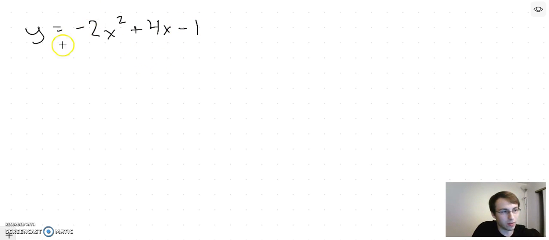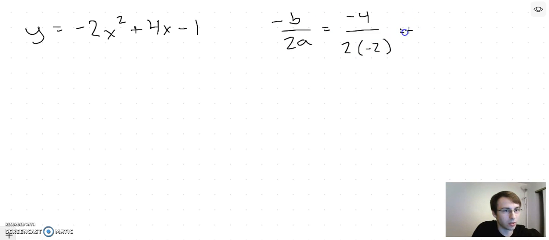That would be downward facing because there's a negative 2 here. Let's go through the steps. We find that negative b over 2a is negative 4 over 2 times negative 2, which is negative 4 over negative 4. That comes out to 1.